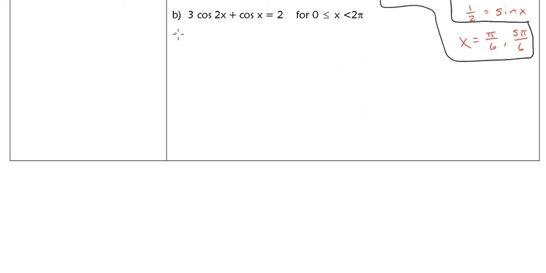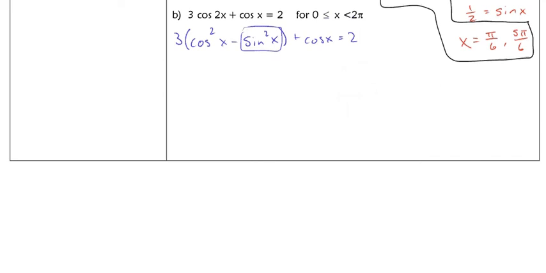We've got 3 times cosine of 2x, we can rewrite that as cosine squared of x minus sine squared of x, then plus cosine of x equals 2. We don't really want to have sine in here. We can convert that into being just cosine.